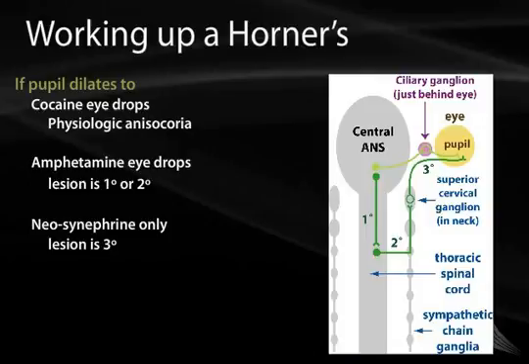So shown on the right, in gray, is an outline of the central autonomic nervous system with the brain and spinal cord and the paravertebral chains of ganglia on either side of the spinal cord. The main innervation of the eye is driven initially via the hypothalamus, sending primary projections down from the hypothalamus into the thoracic spinal cord to synapse at the level of T1 at the intermediolateral cell column.